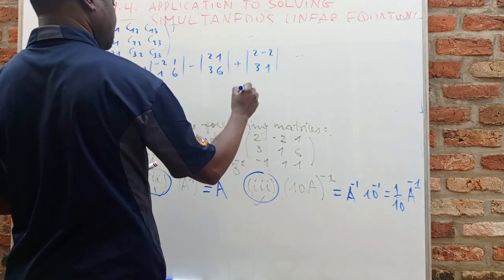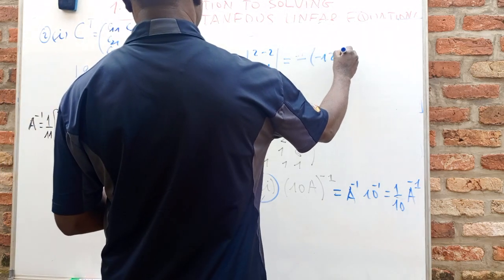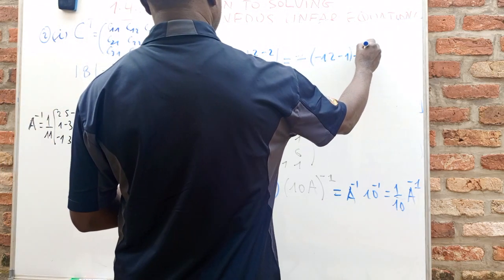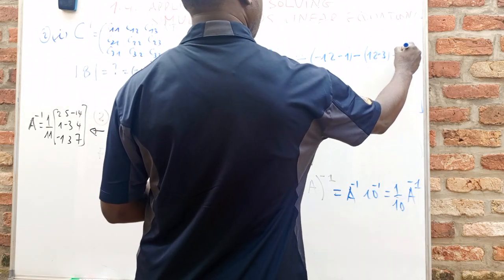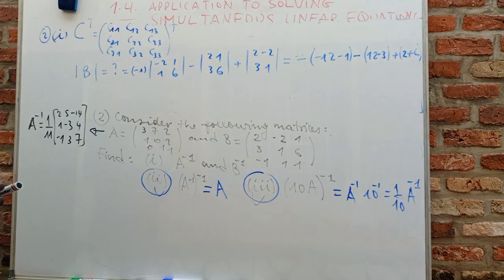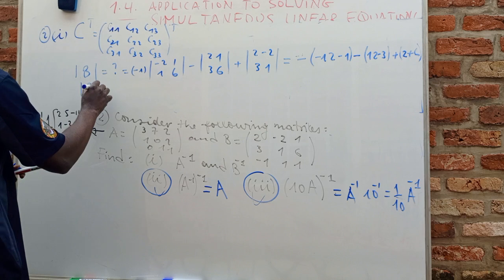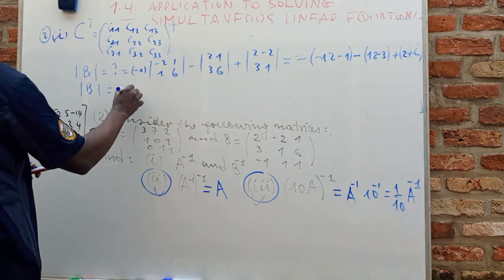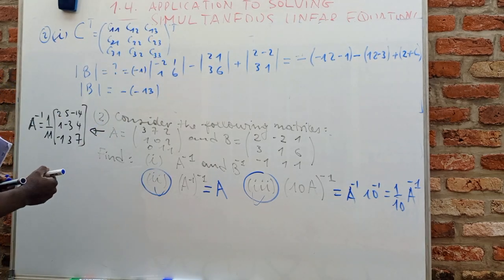Okay, upon calculation, this is the determinant. We have negative 13 coming from negative 12 minus 1.